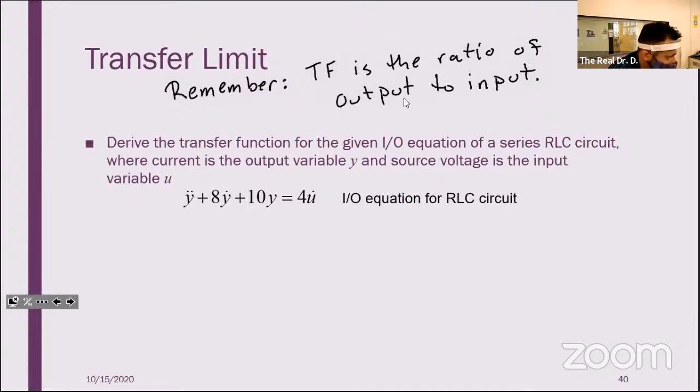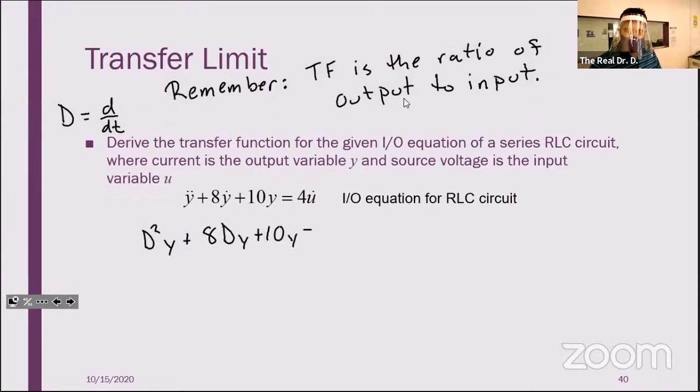Good work. All right, so how did we get there? What do we have to do? We're going to substitute in the D operator. Remember, D is equal to d/dt. So when we look at this, we've got D squared y plus 8Dy plus 10y is equal to 4Du.